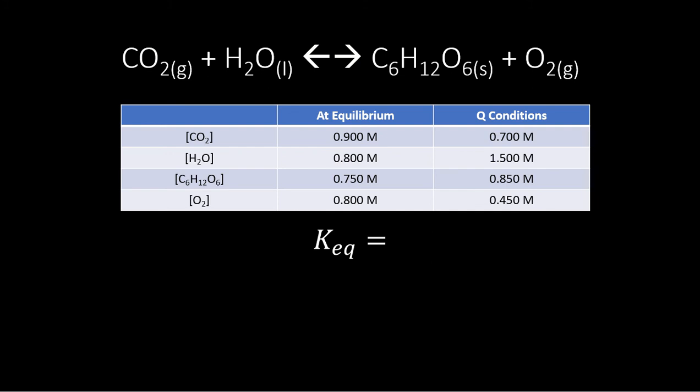Well, one of the first things you're going to need to do is write the equilibrium expression. However, make sure that the reaction is balanced first, because the stoichiometry does factor in.